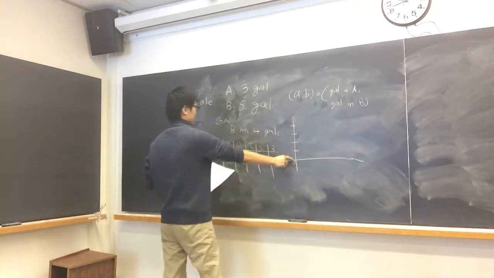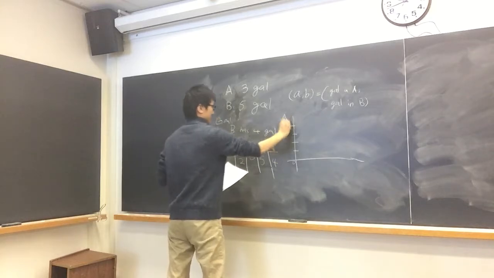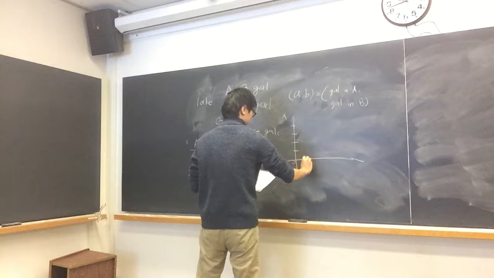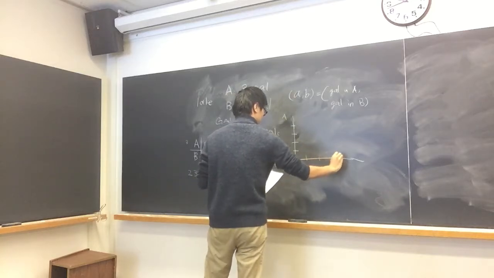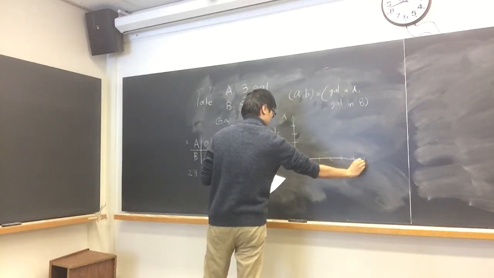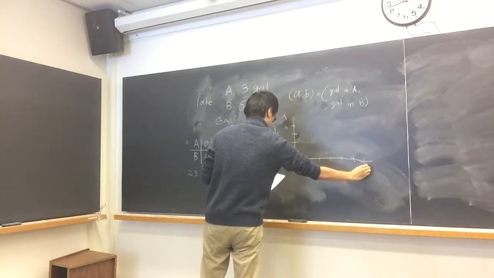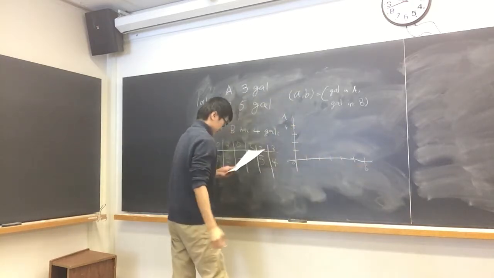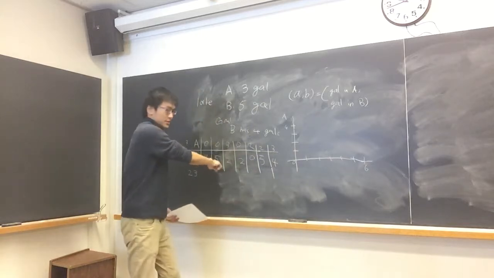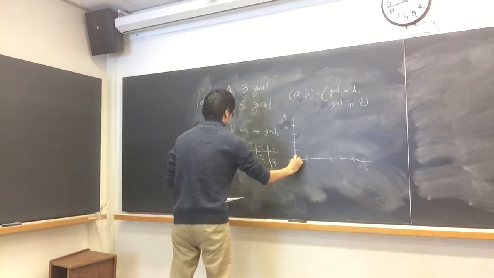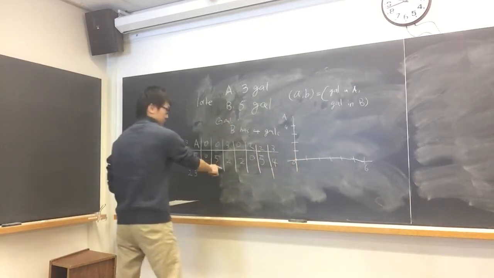Because we're starting with 0, and we can go up to 3 gallons here. So if we draw our solution from here, it's basically starting from this point, 0, 0, going over to 0, 5.